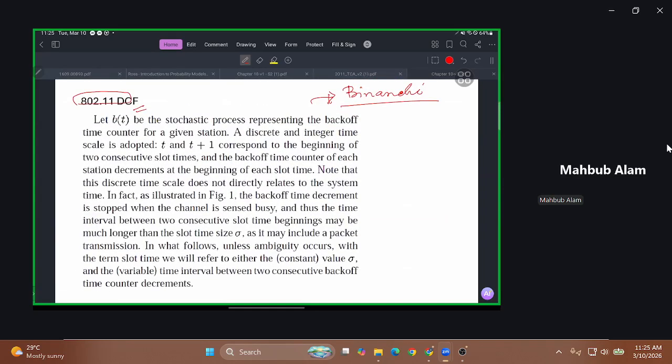So it models the CSMA/CA DCF mechanism, and unlike the other one that we got from the book, it models the DCF mechanism. Now in the DCF mechanism, two things that we need to consider: we have a backup counter value.